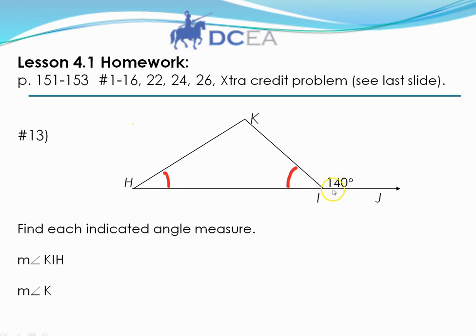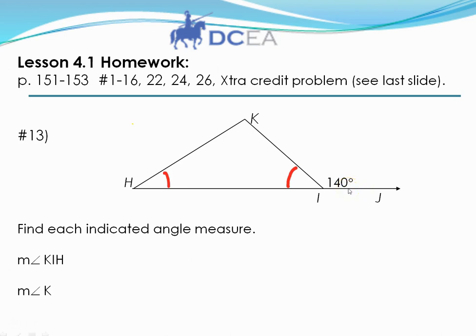We are to find the measure of angle KIH and the measure of angle K. We have an external angle of 140 degrees.